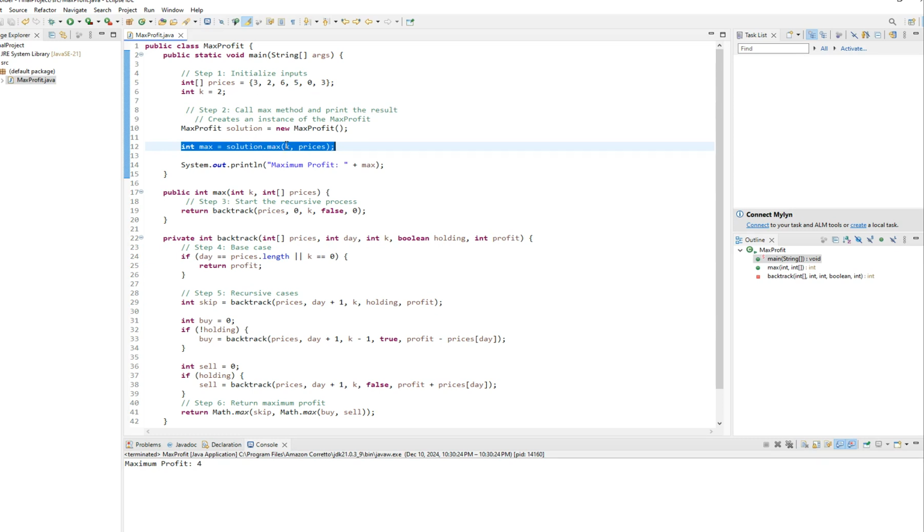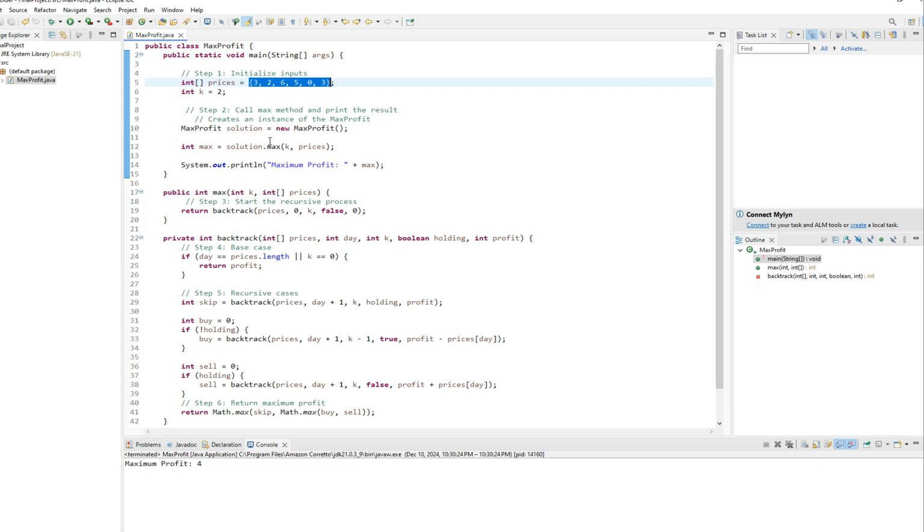We will pass the number of transactions and the array of prices here. This method will be part of the solution object, the object that we created here.